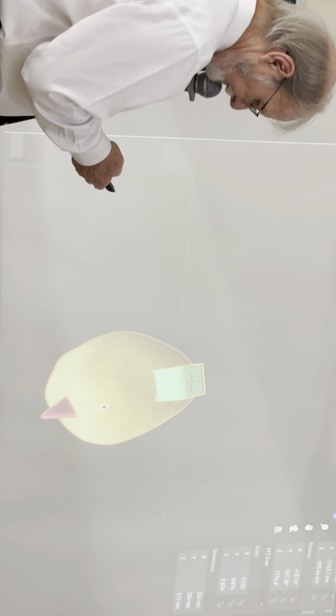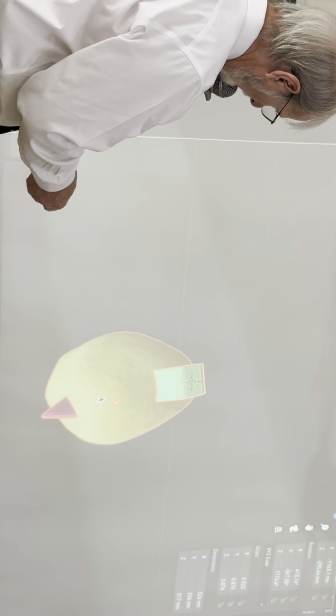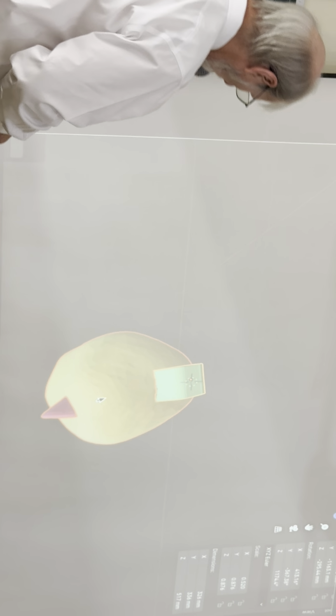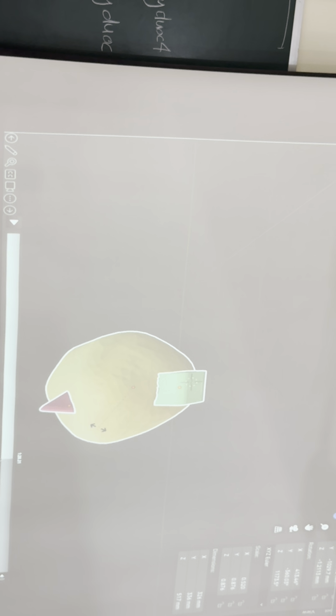Should I use one attachment or a double attachment when I have a big canine and a rotational bead? I need to rotate this tooth, right? Oh, it's taking so long. Okay.